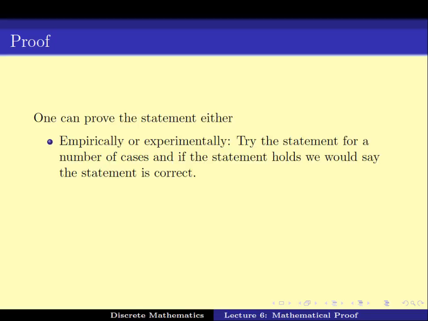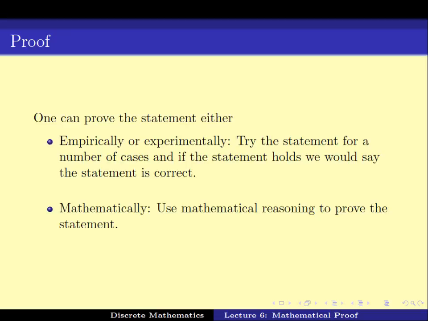So this is one way of going about it. The second way is the mathematical way, or in other words, use mathematical reasoning to prove the statement. Here, we would like to go step by step and ensure that we have a full proof of that.